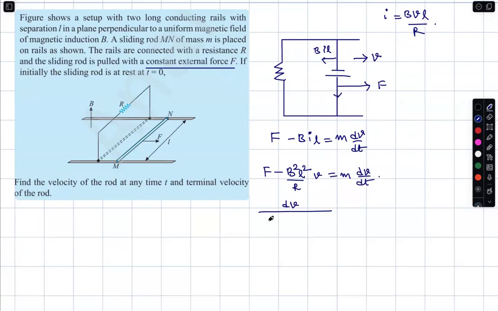dv by (alpha minus beta V) is of the form dt.